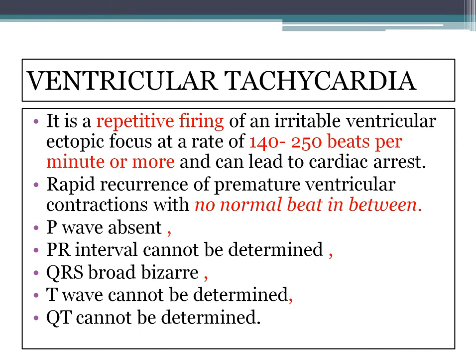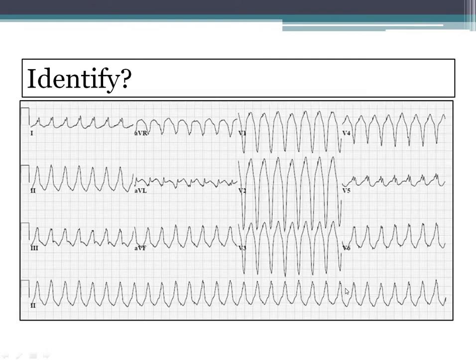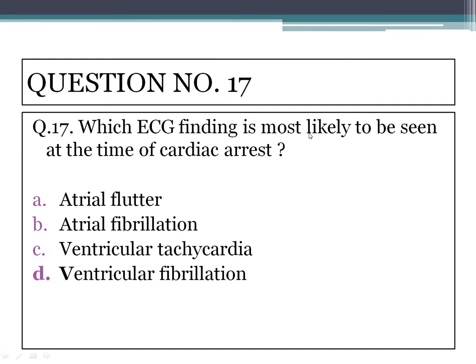Ventricular tachycardia or VT, the rhythm, usually regular. QRS, it is abnormal or bizarre. P wave, very difficult to detect. Okay, so we can see a VT. You have to look at the rhythm, usually regular. And you have to look at the QRS complex. It is broad one and it is abnormal one. So that is VT. Next question.